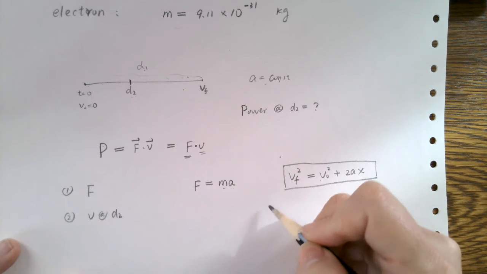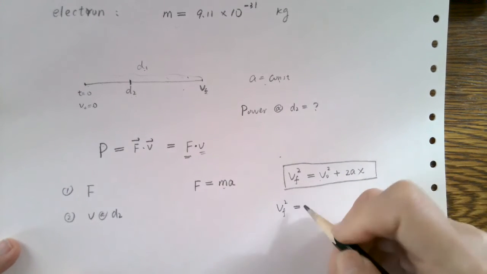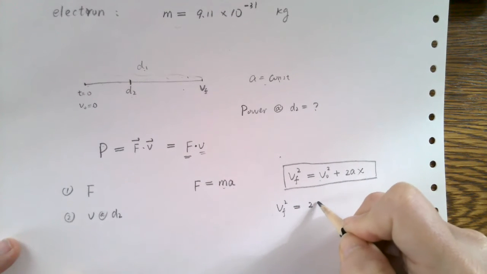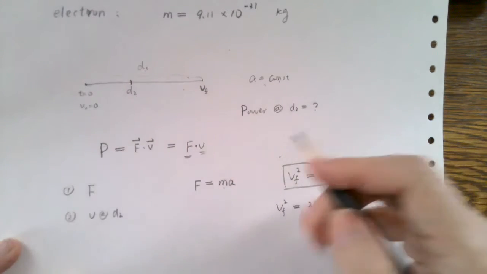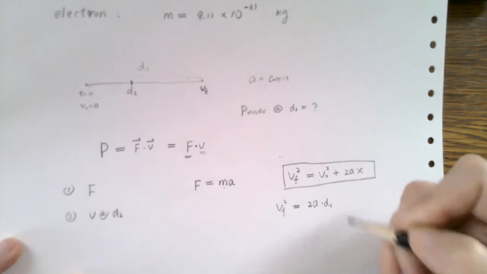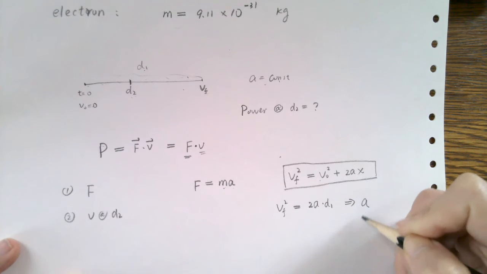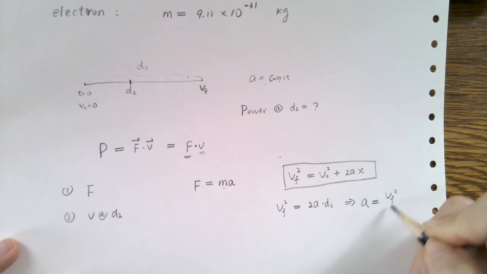The final velocity is given, and the initial velocity is 0, so just ignore it. It equals 2 times a times the distance it moves, which is d1. So we keep my symbol here, 2a d1. Now, what can we get? We can find this constant uniform acceleration: a equals v_f squared over 2 d1.